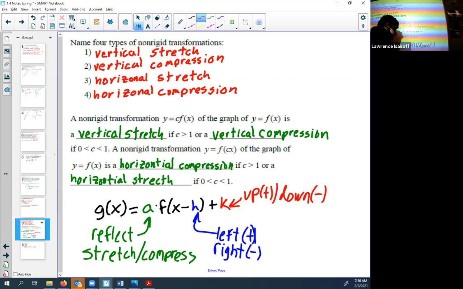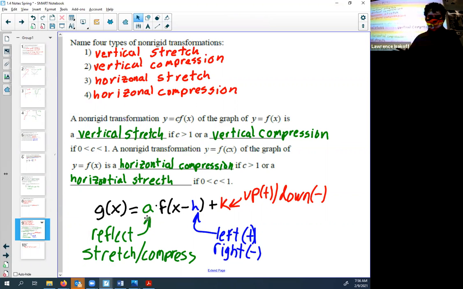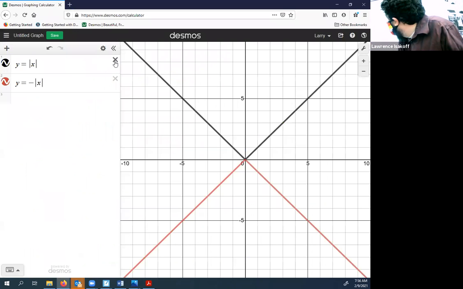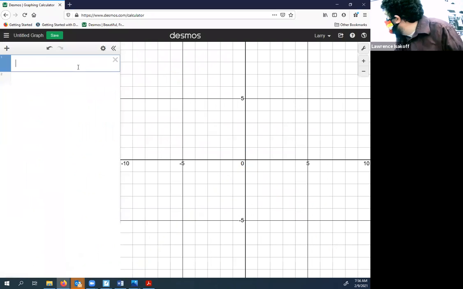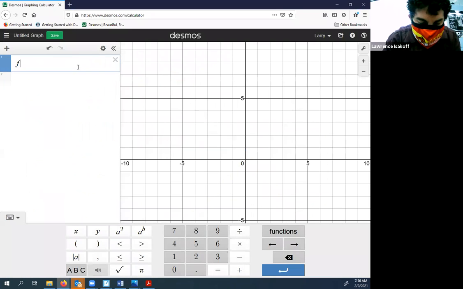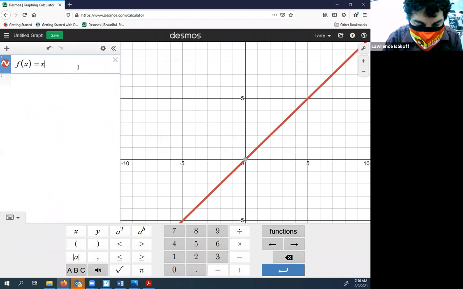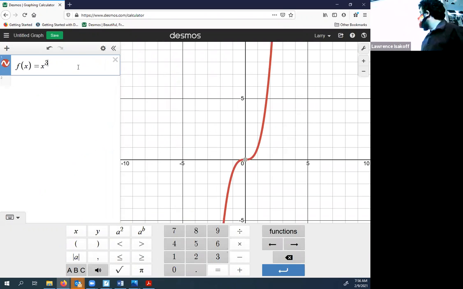So before we take a look at the homework I'm going to assign, this is pretty much the bulk of the lesson. I do want to basically do this inside of Desmos. So I'm going to make up a default parent function f of x. F of x is equal to an x cubed function.